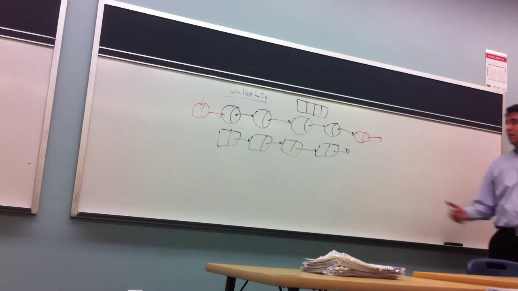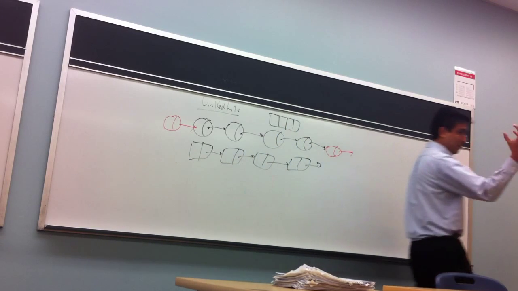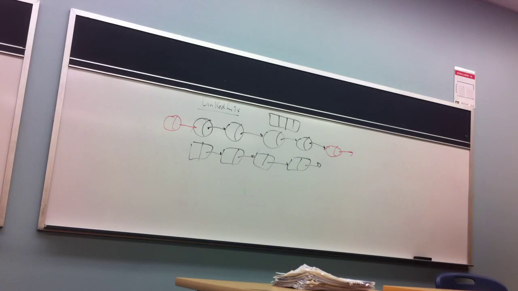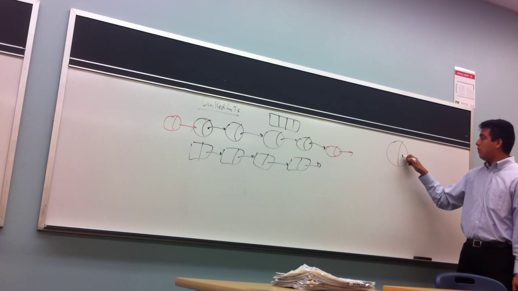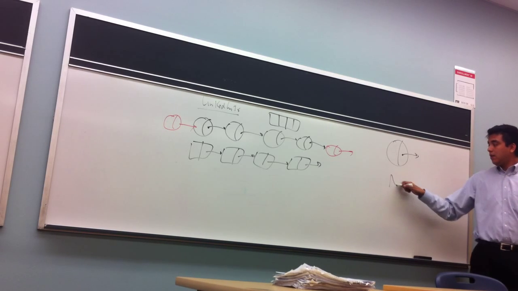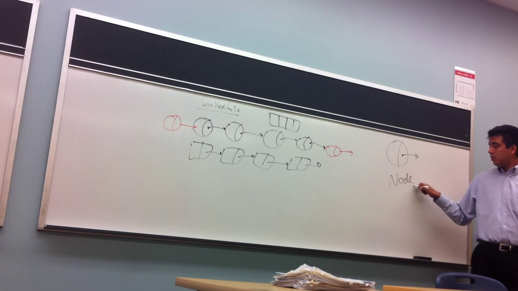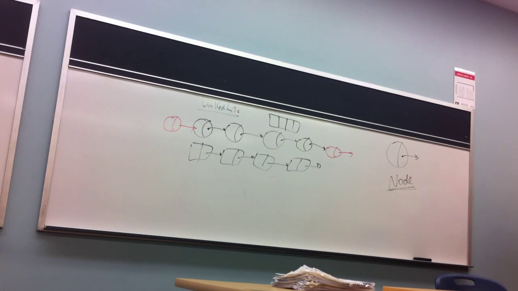But before understanding how the whole thing works, we need to understand how one of them works, okay? So this is one node. We're going to first learn about one of them, understand how this works, how it is. We're going to call this a node. Okay? Is that clear?